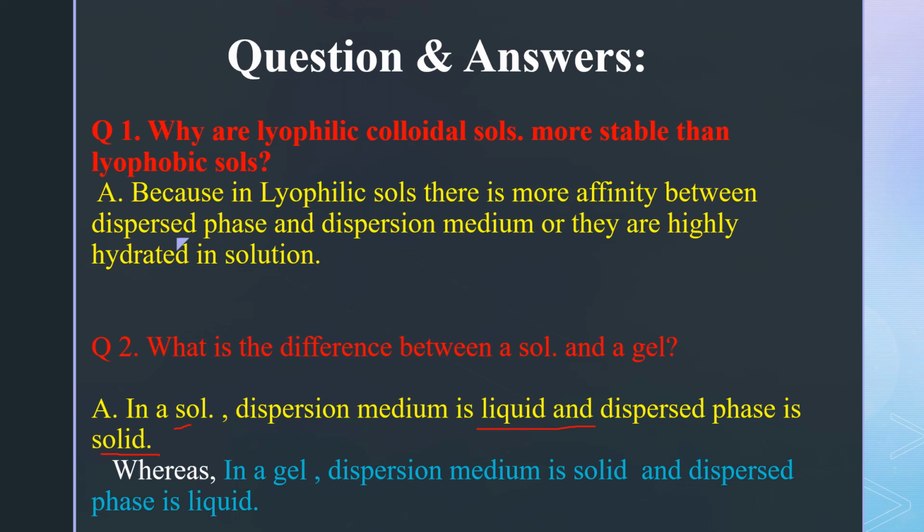Whereas in a gel, when dispersion medium is solid but the dispersed phase is liquid, the colloid which is formed is known as gel. So in case of gel, dispersion medium is solid and dispersed phase is liquid.